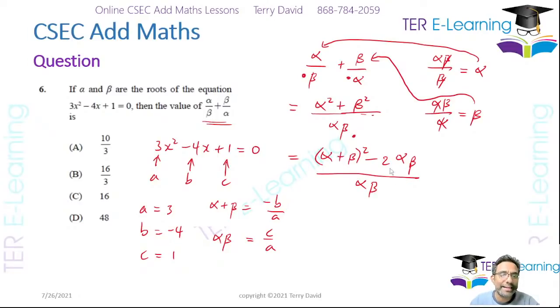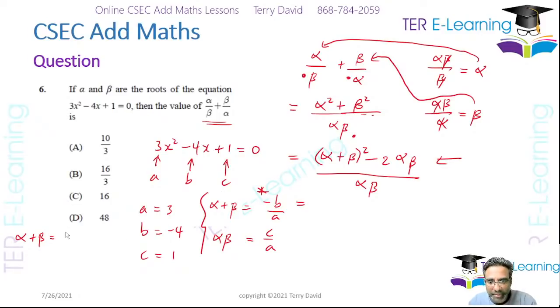Now the reason why I did that is because in this top expression, I can see the sum, alpha plus beta, and I can also see the product, alpha beta. So at this stage, all I really need to do is substitute what I know for these. Now let's work out alpha plus beta, which we said is minus b over a.